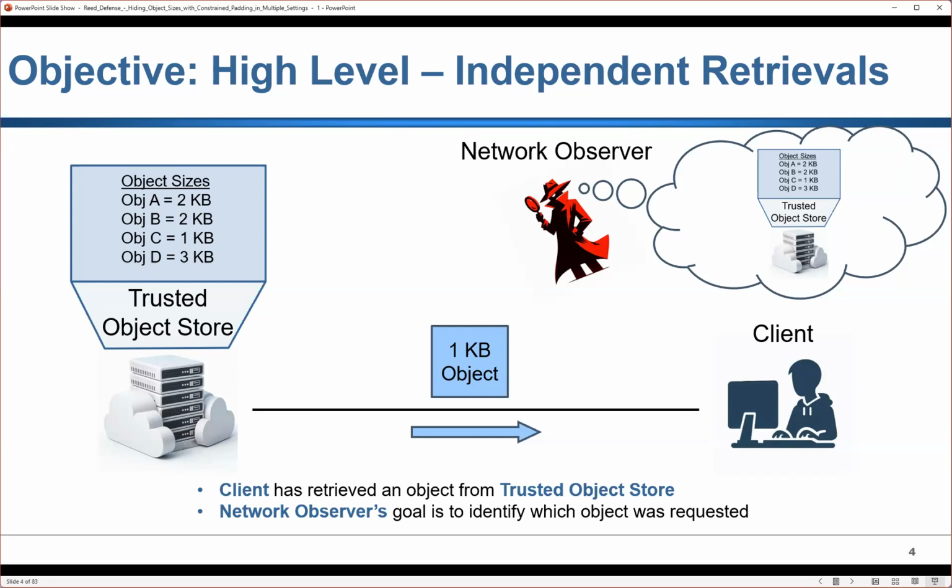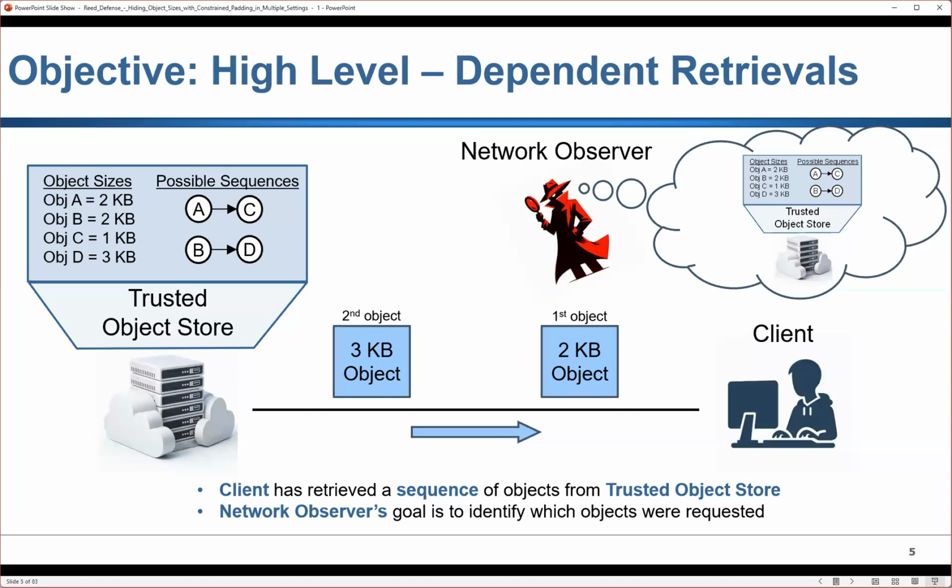Now, in this first setting that we consider, we make the simplifying assumption that object retrievals are independent from one another. If the client were to retrieve multiple objects, the follow-on objects are independent from what has been retrieved previously.